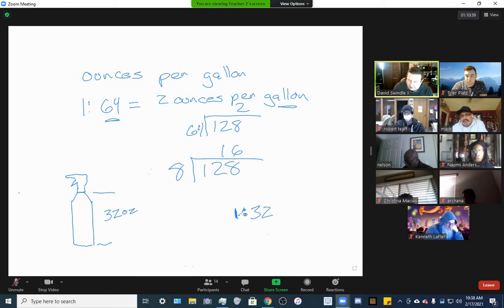Now, let's use this same dilution rate, the 1 to 64. It's got 2 ounces per gallon of water. But I'm not mixing it with a gallon of water. I'm mixing it into a spray bottle. How do I figure that out? There's 2 ways I have to do this.